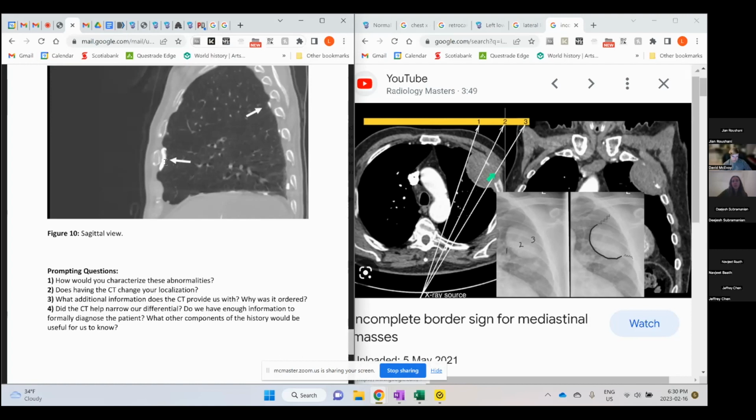So a chronic infection could give you eventual plaques like this. Prior trauma can give you plaques like this. What else? A prior hematoma can give you this as well, but usually that's not bilateral. Usually that's only on one side.